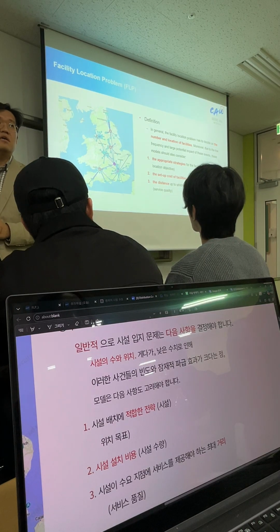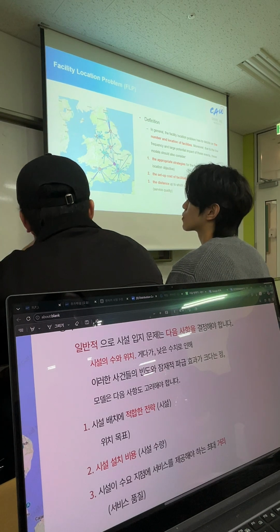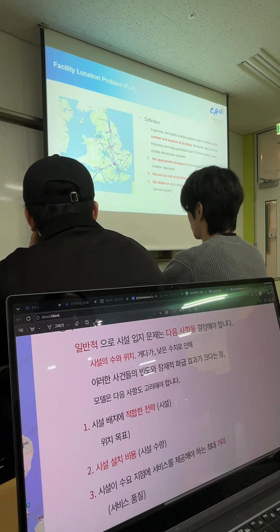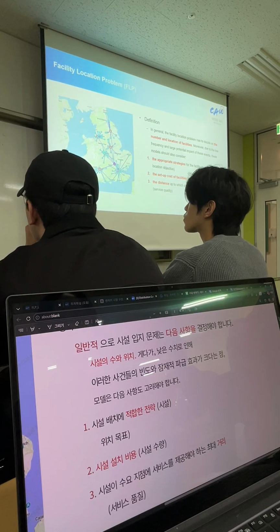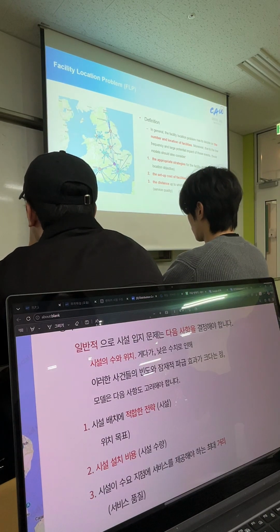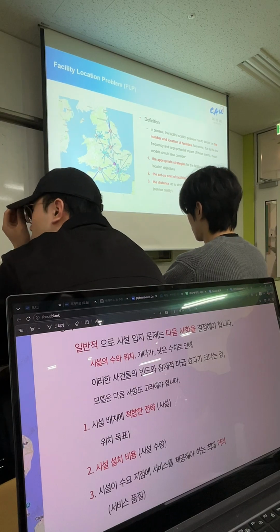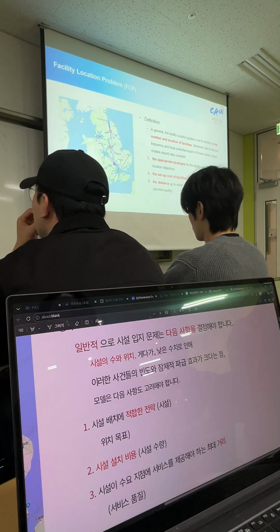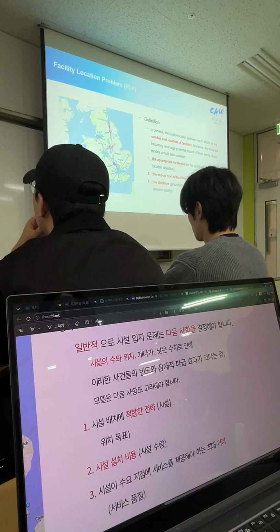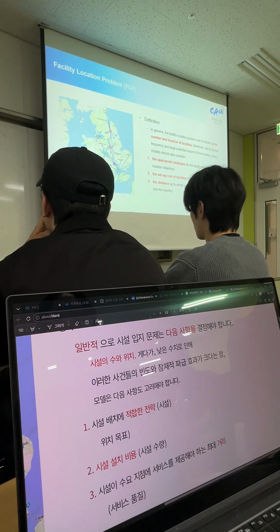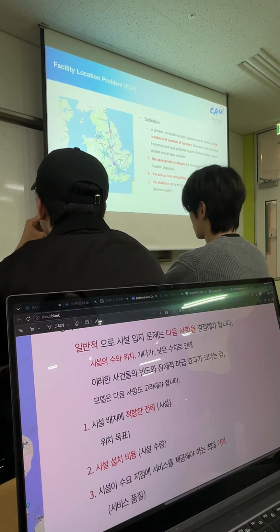I said that in optimization we need three things. What was the first thing? Decision variable, isn't it? What do we want to know? What do we want to get as an answer? In this case, the answer is the right geographical location, or the number of facilities.